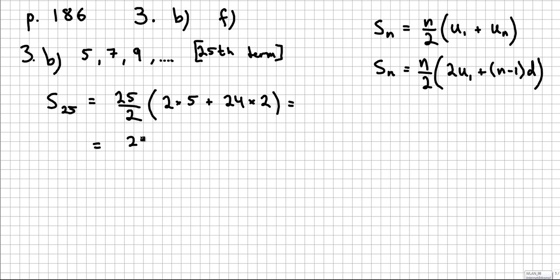25 over 2, and here within the bracket we have 10 plus 24 times 2, which is 48. 25 over 2, and then we can write times 10 plus 48, which is 58.